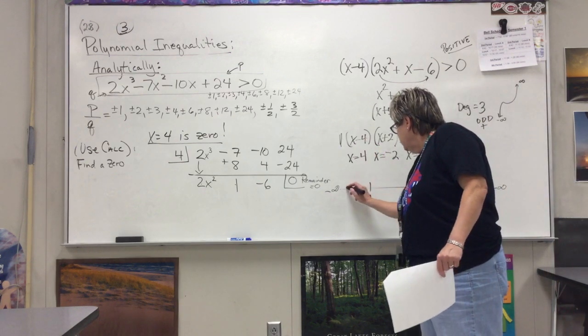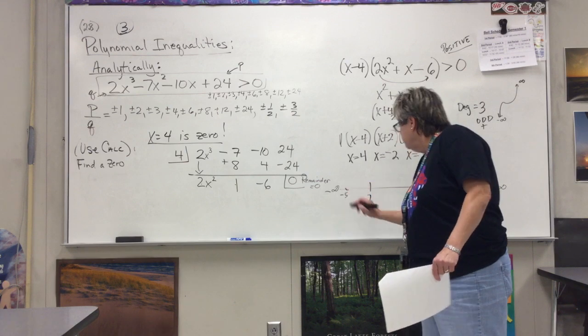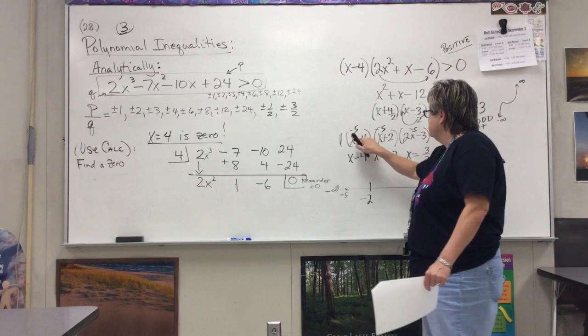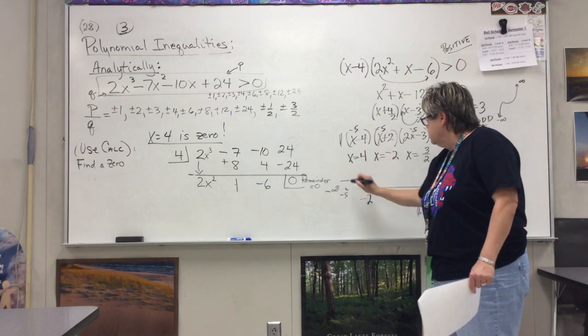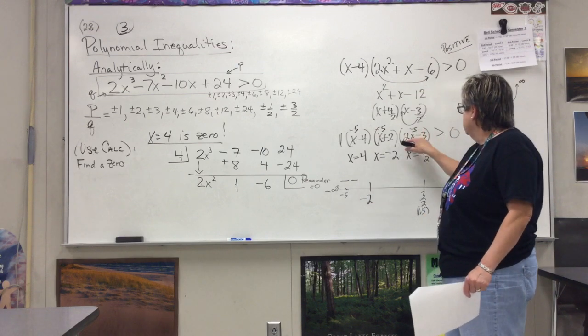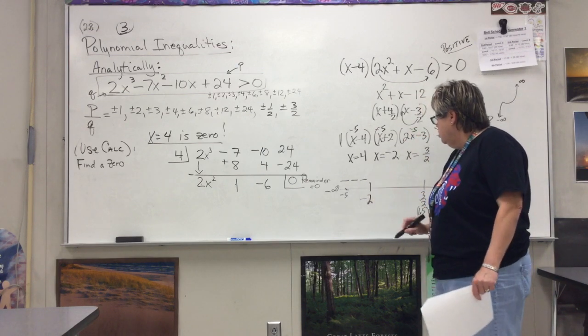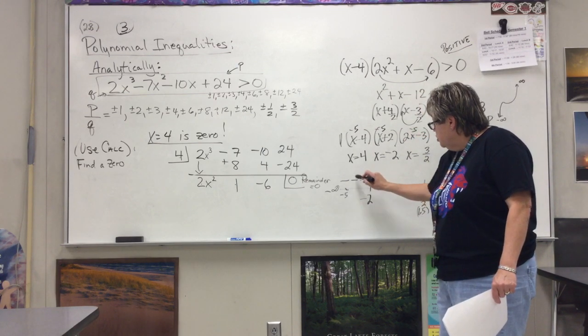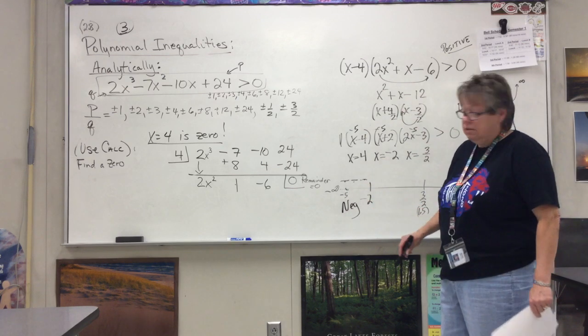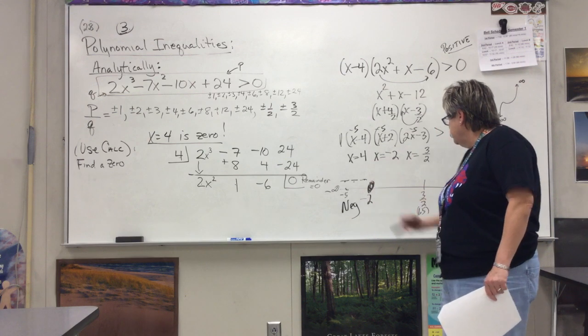If I pick something on this side, like negative 5, then negative 5 minus 4 is negative, negative 5 plus 2 is negative, and negative 10 minus 3 is negative 13, also negative. If you multiply 3 negatives together, you stick with the negative.